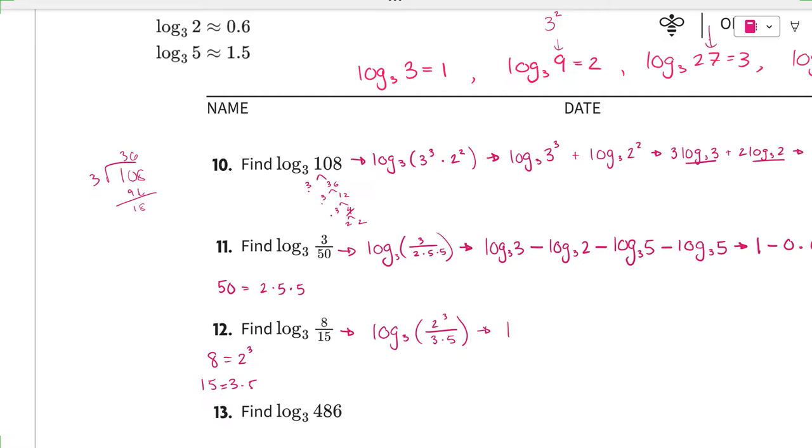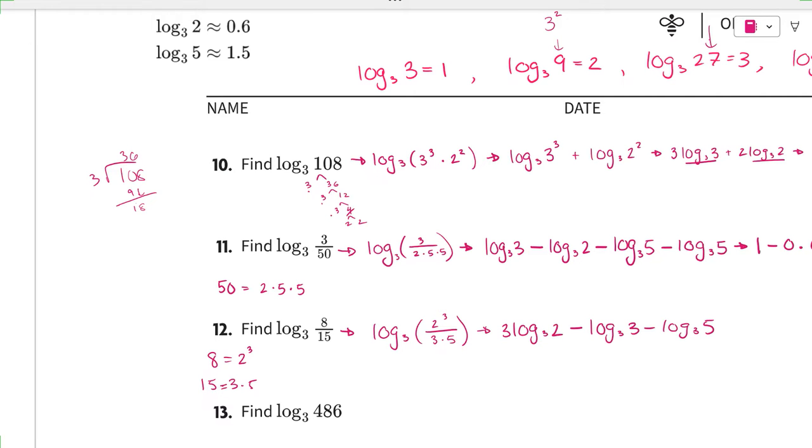That gives me, and I'll use a shortcut, I'm going to pull that 3 down in front in one step. So 3 log base 3 of 2, minus log base 3 of 3, minus log base 3 of 5.